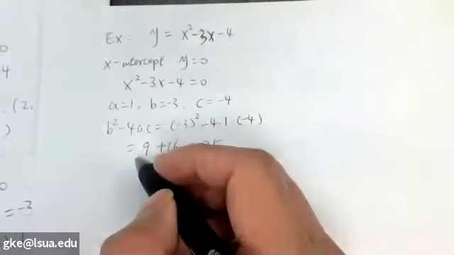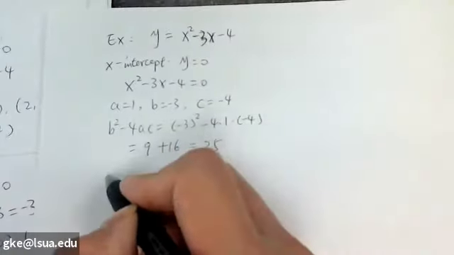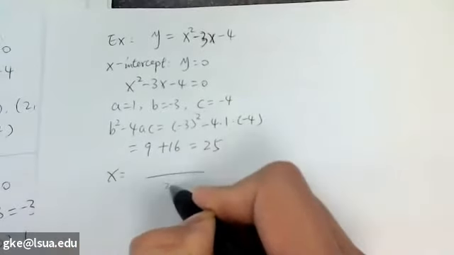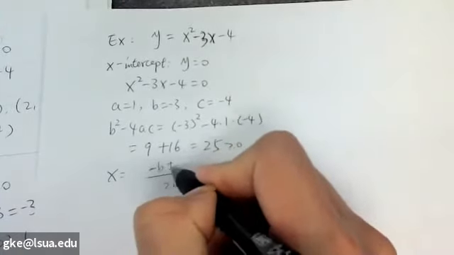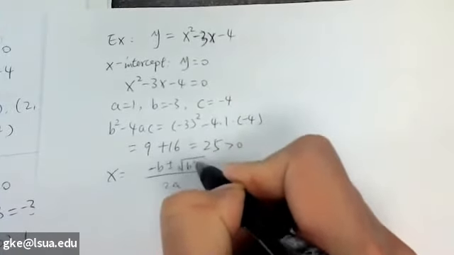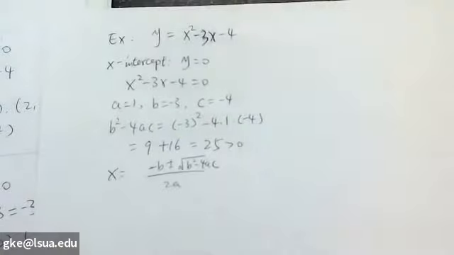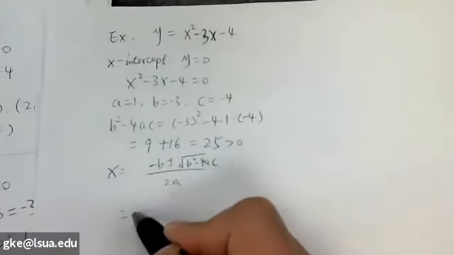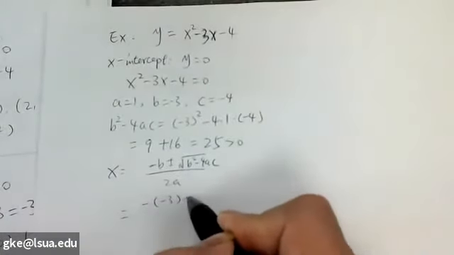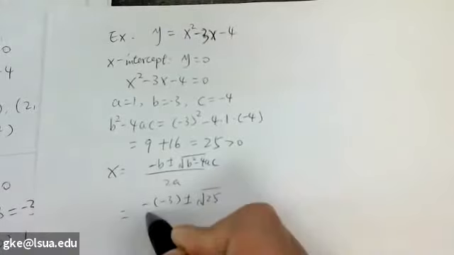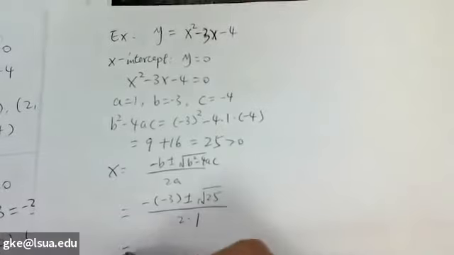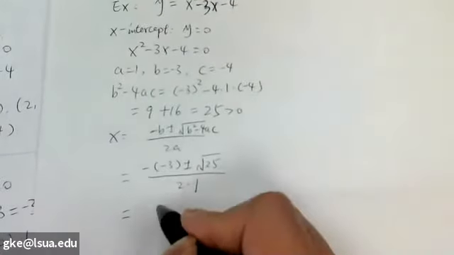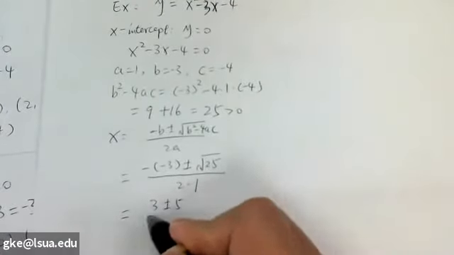So this gives the two roots. We need this formula. Right? And b is -3, so minus b is positive 3, plus or minus the square root of 25, which is 5, divided by 2 times 1.